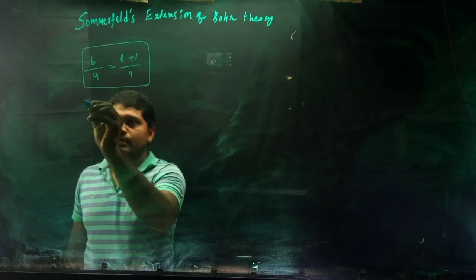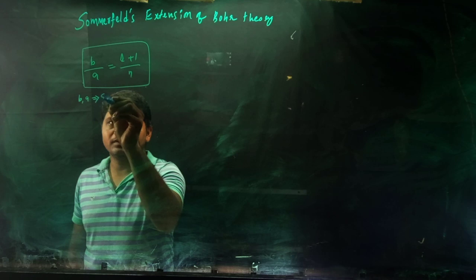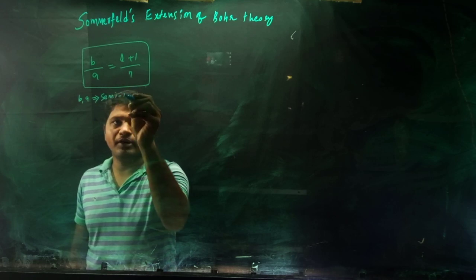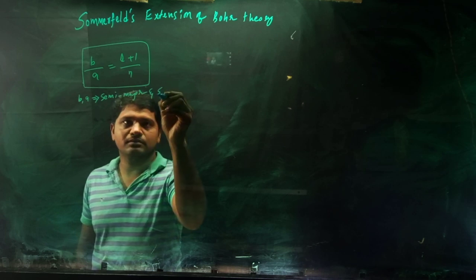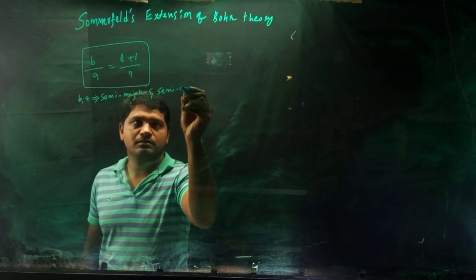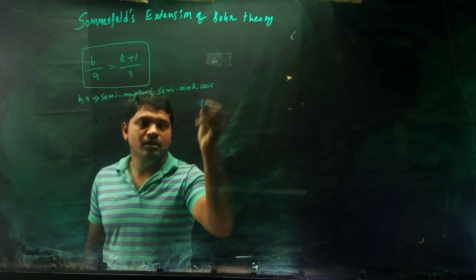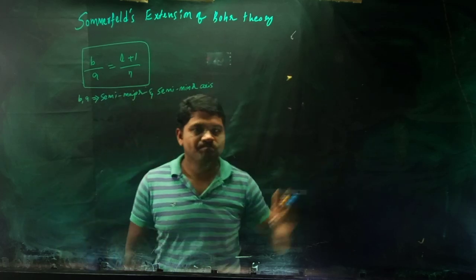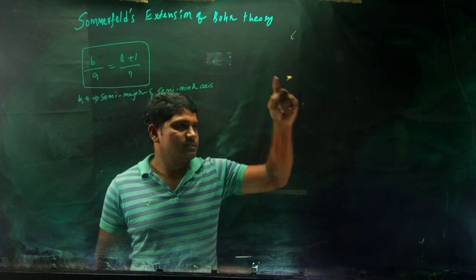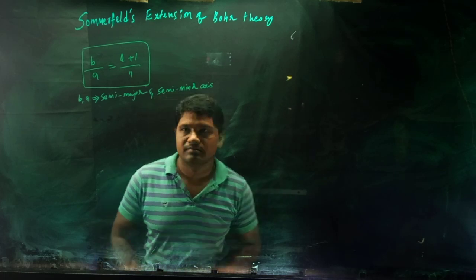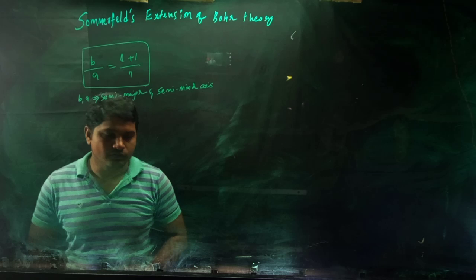Here b and a are the semi-minor and semi-major axes. On this elliptical orbit, this is the major axis and the vertical line is the minor axis. And l and n we already know.